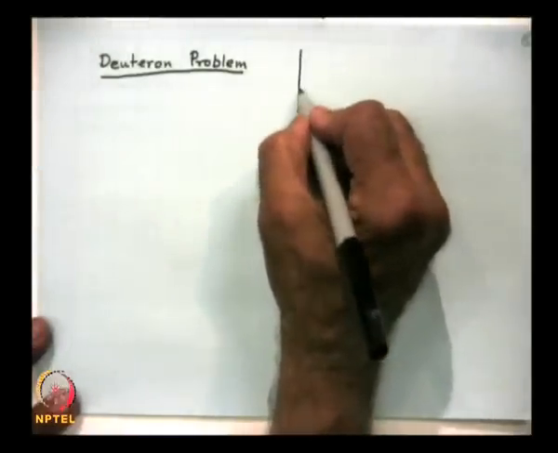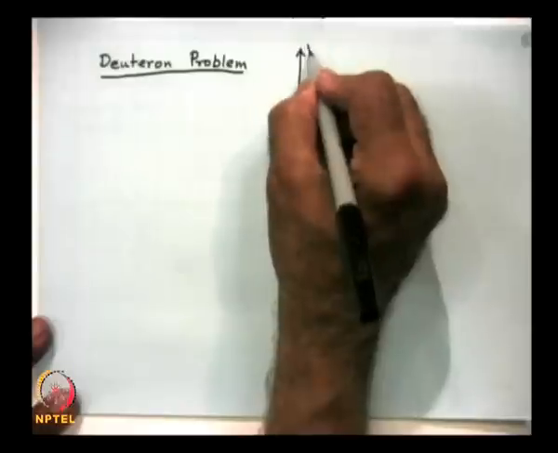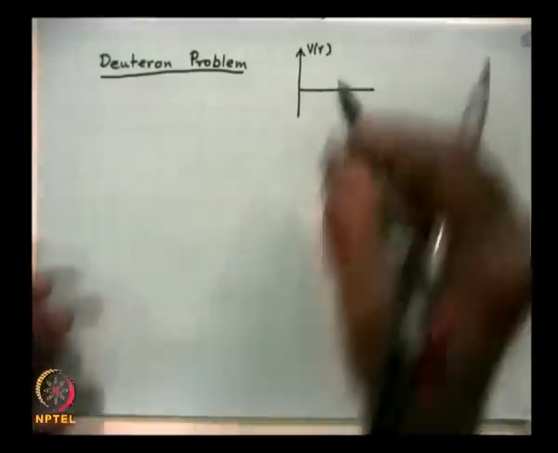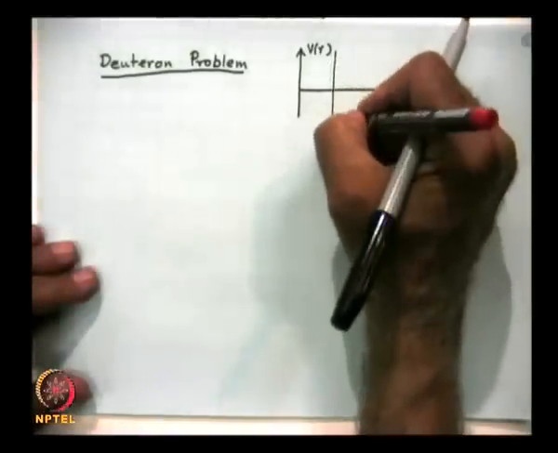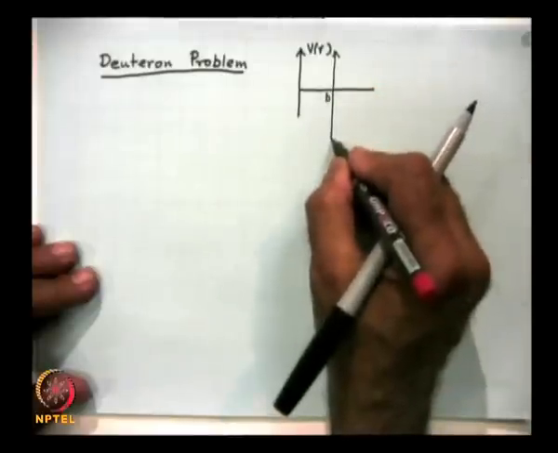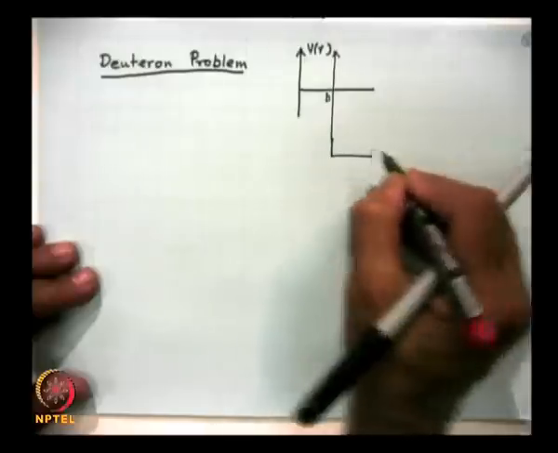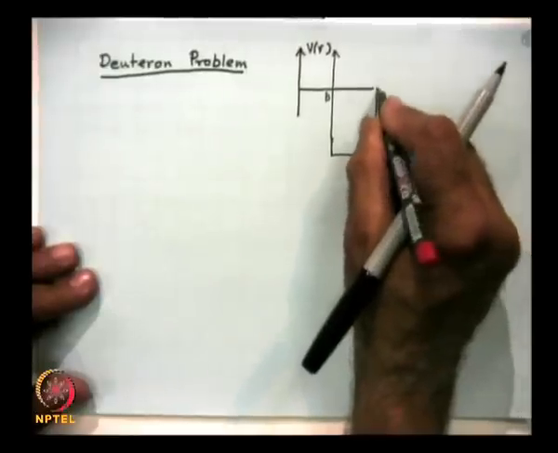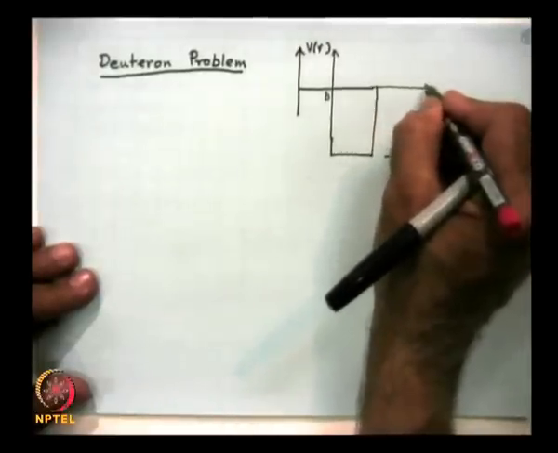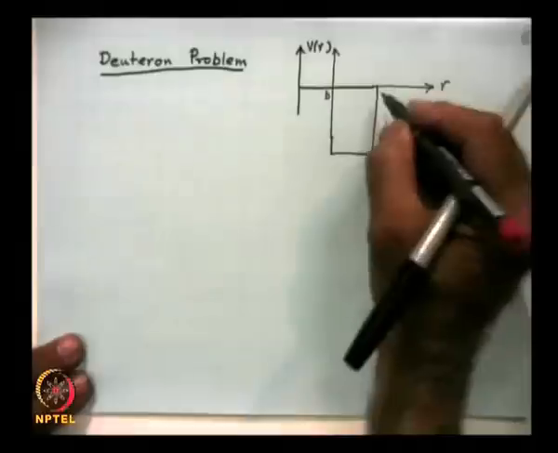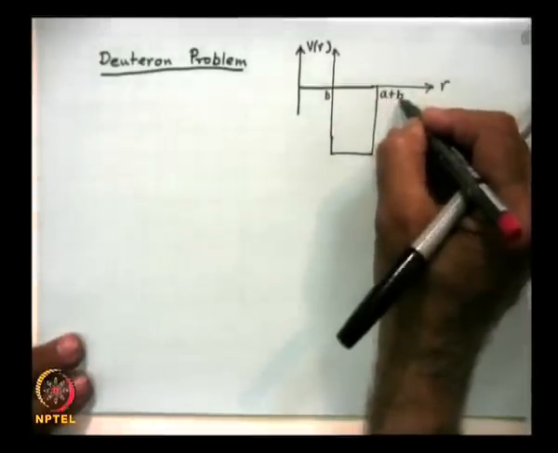This is V of r, and the potential energy was infinite at r is equal to B, and then it was very deep and equal to minus V 0, and then it was 0. So, this coordinate is r. This is r is equal to B, and this is the point r is equal to A plus B.